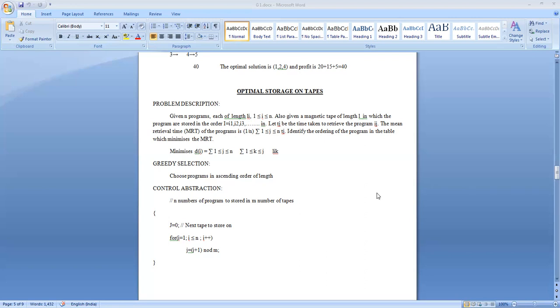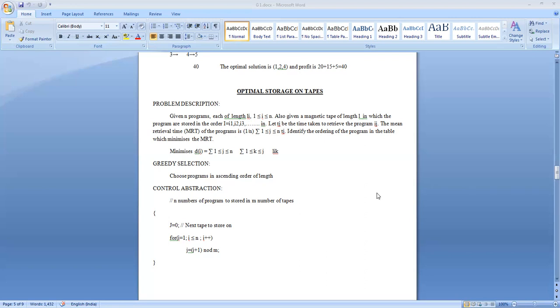If there are 10 songs, the first song, second song, third song, like this one after another, the songs are stored. Now the problem is in which order the given songs should be stored in the magnetic tape such that the retrieving time of a song is minimum.